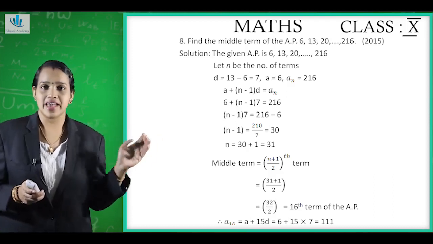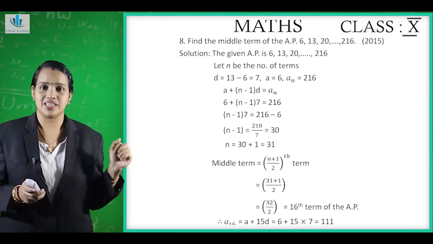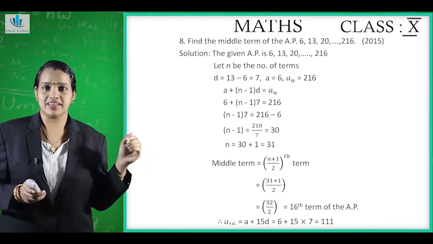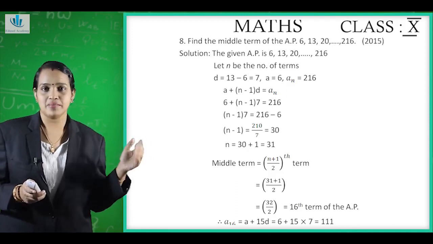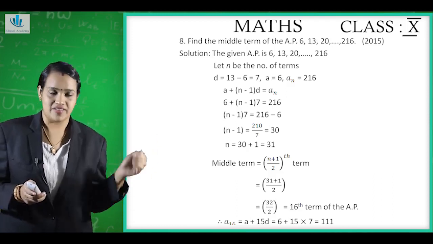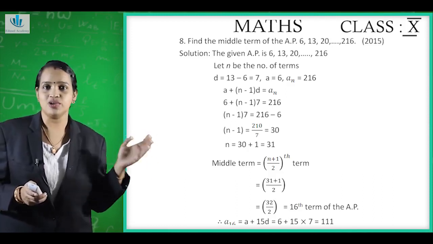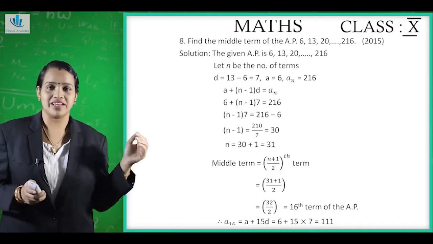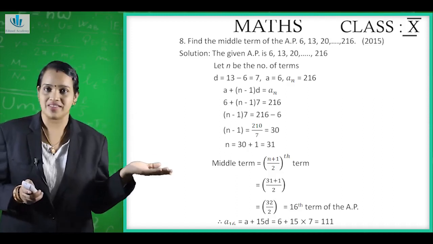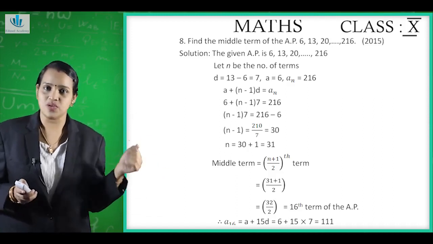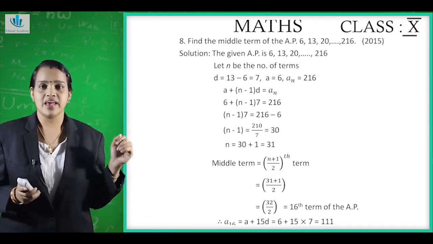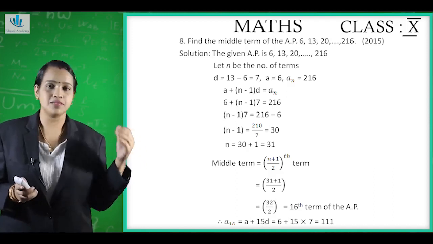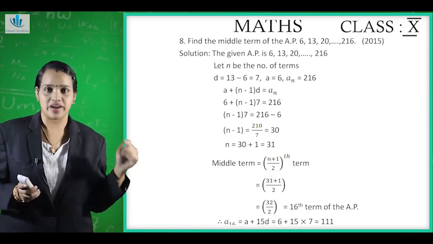Therefore a plus (n minus 1) into d is equal to an. Now we will put the values. a is 6 plus (n minus 1), d is 7, an is equal to 216. (n minus 1) into 7, we will take 6 on the other side, it becomes 216 minus 6. n minus 1 is equal to 216 minus 6 is equal to 210.